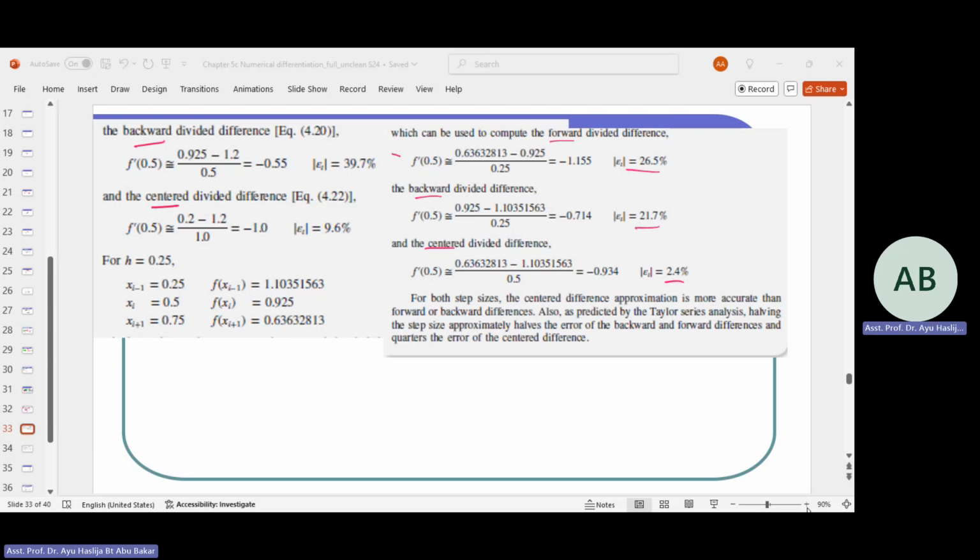For forward, h is 0.25. If you require it, then you need to add one more. Okay, we go back to the question.